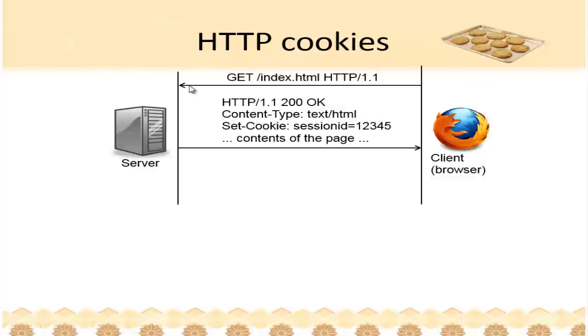Then it uses one other attribute in the header, and the header says Set-Cookie, and it contains two things. One is the name and the other one is the value. So it's a key value pair that is sent by the server to the client.